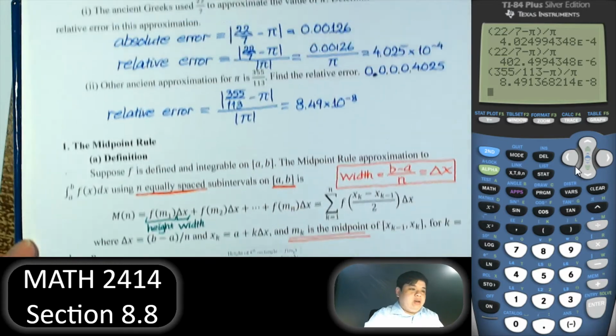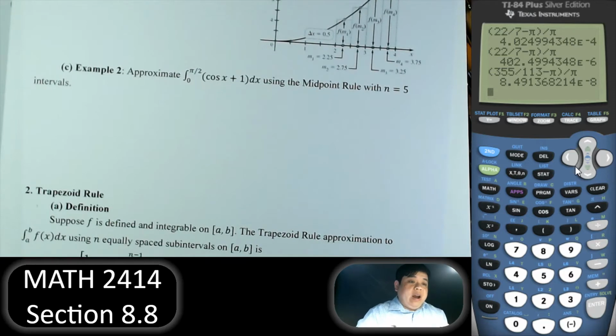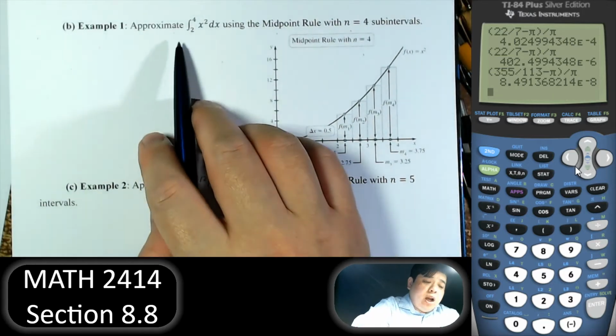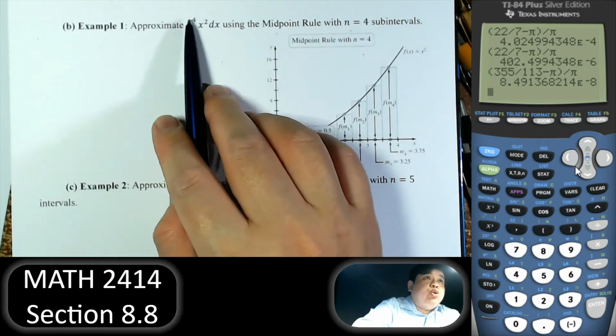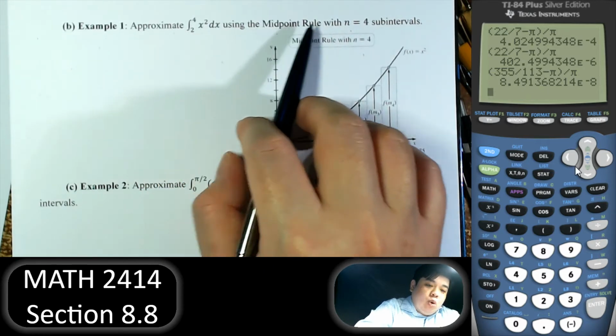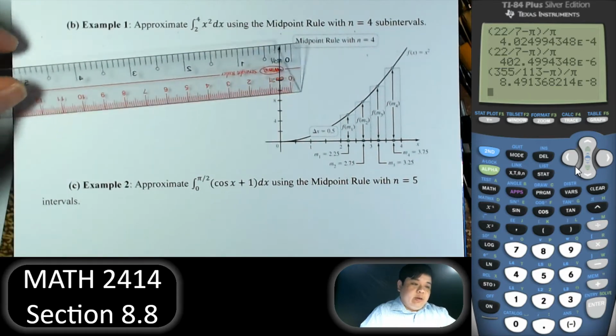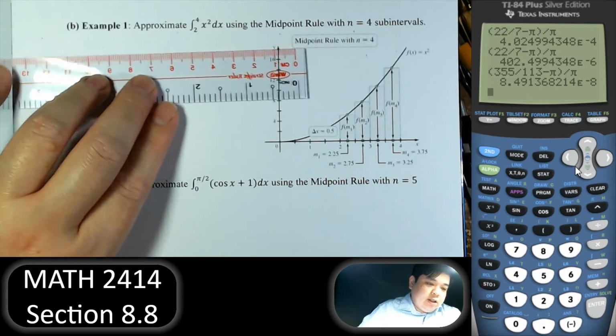Right, so let's see how it works in the first example. We're going to do it by hand first, and then we use a calculator. So approximate the integral from 2 to 4 of x squared using the midpoint rule with 4 subintervals. Usually the picture is nice, but just draw an interval.